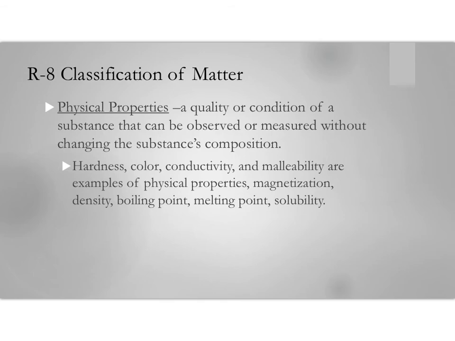All right, and now we have differences between physical properties, chemical properties, physical changes, and chemical changes. Physical properties are qualities or conditions of substances that can be observed or measured without changing the substance's composition. For example, you can rip a piece of paper.